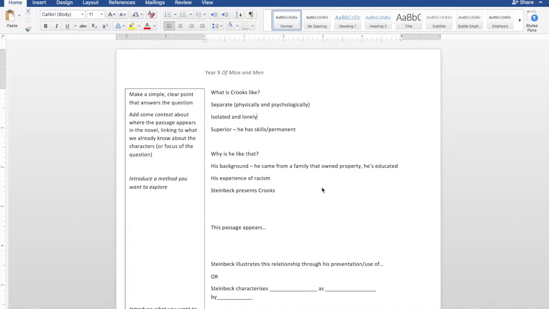So how can we put all of these ideas into a sentence? We want to say that he's a very complex character. So Steinbeck presents Crooks as a complex character who is full of contradictions.